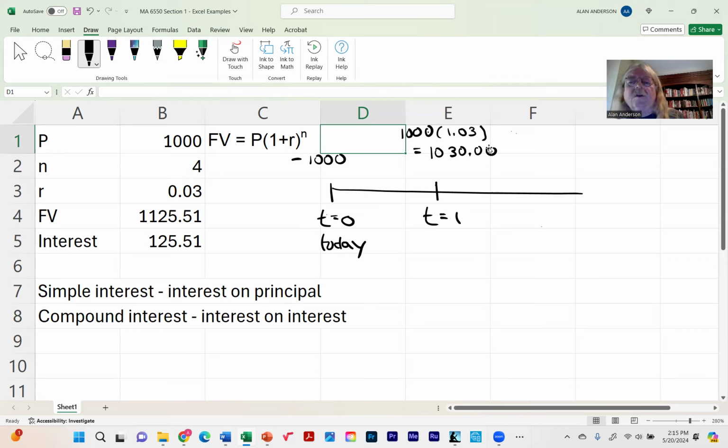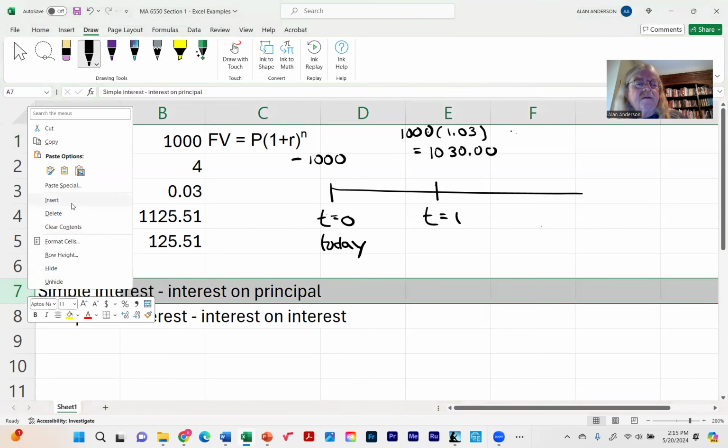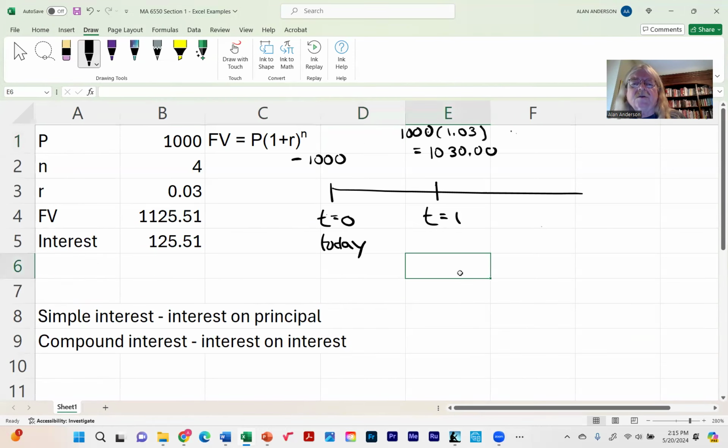So we earned $30 worth of interest during the first year. That $30 is entirely based on the original investment of $1,000. So we earned $30 worth of interest, all of which is what we will call simple interest.